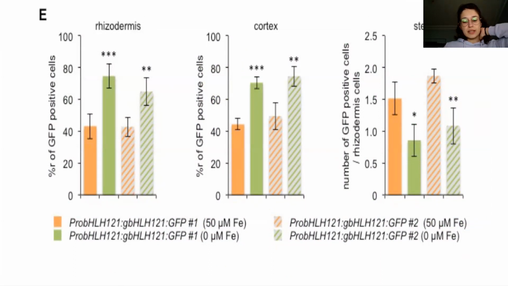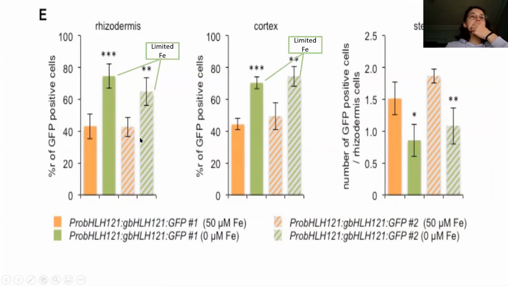For this, they compared the percentage of cells which are GFP positive to the total number of cells in these cell layers. The orange ones represent the unlimited control conditions of iron, whereas the green ones represent the limited iron conditions.